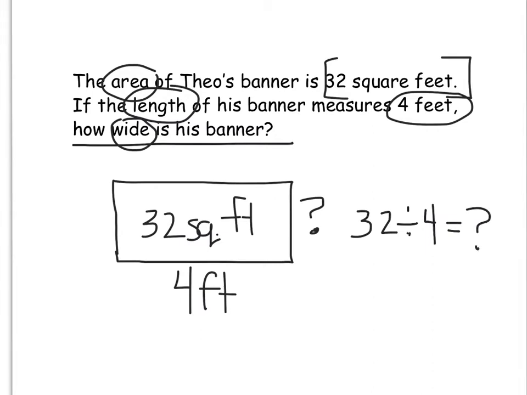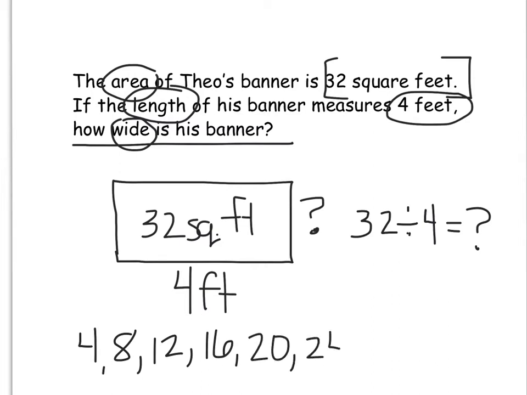You might know your facts and you might be able to come up with a quotient right away. If not, you can skip count. So I can skip count by 4 up to 32. So 4, 8, 12, 16, 20, 24, 28, 32.